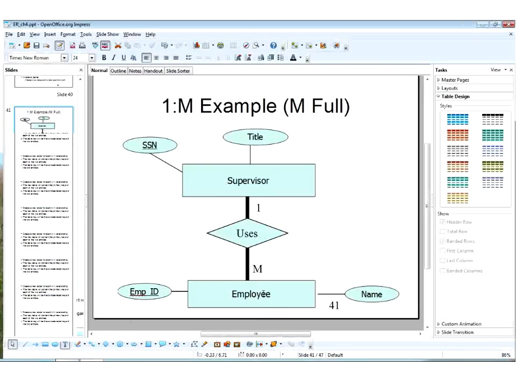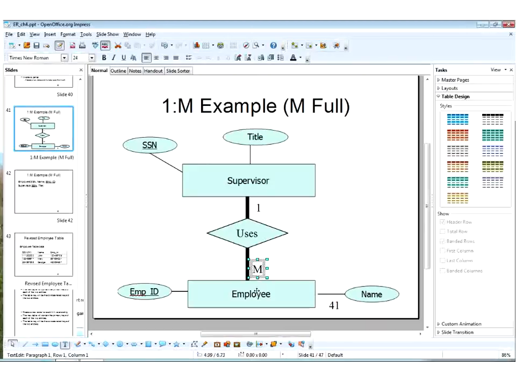So here's an example. 1 to M supervisor employee. Employees must, actually that should be, supervised by a supervisor, or a supervisor must supervise 1 or more employees.